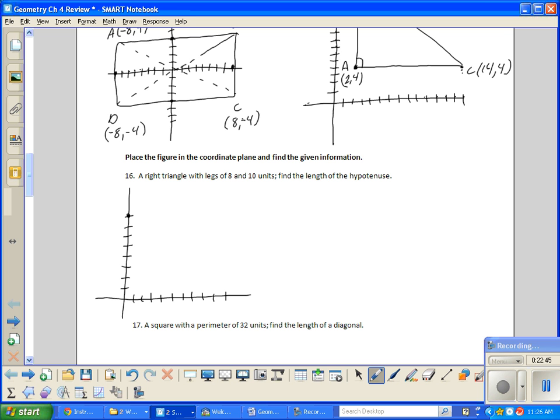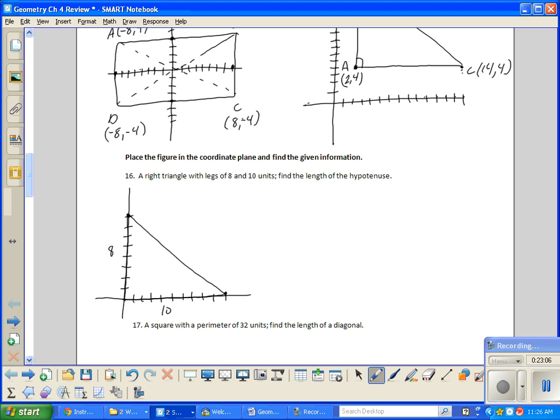So go 8 up and 10 over. Got my right triangle there. The legs of 8 and 10. I want us to find the length of the hypotenuse.